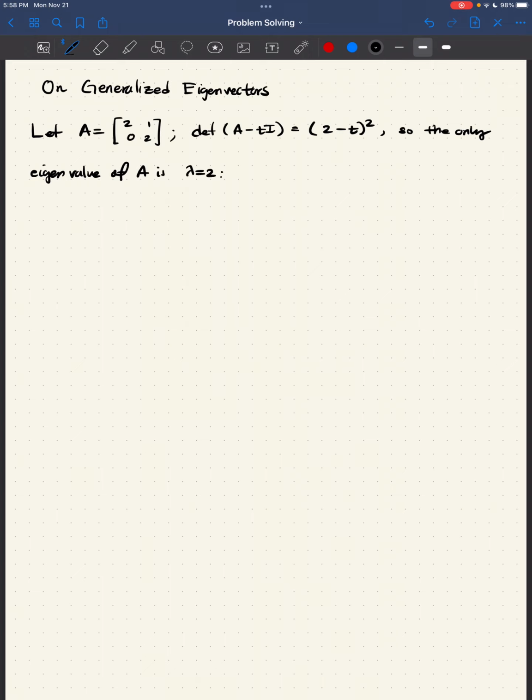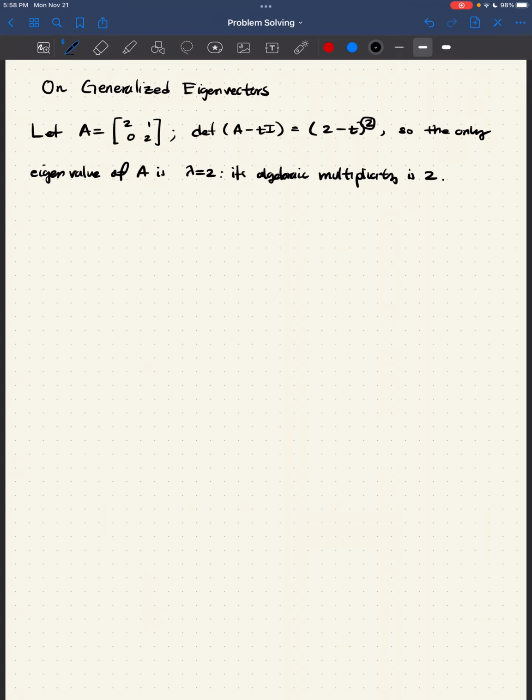And we know that its algebraic multiplicity is 2. We can extract that from the complete factorization of the characteristic polynomial.